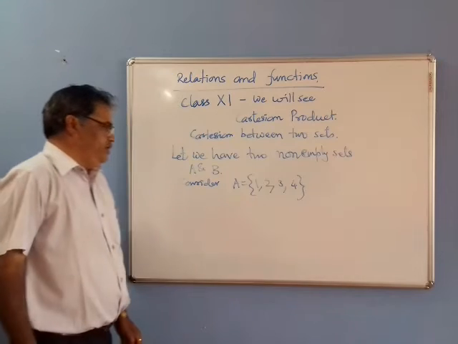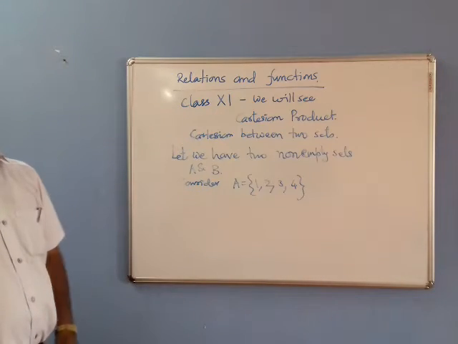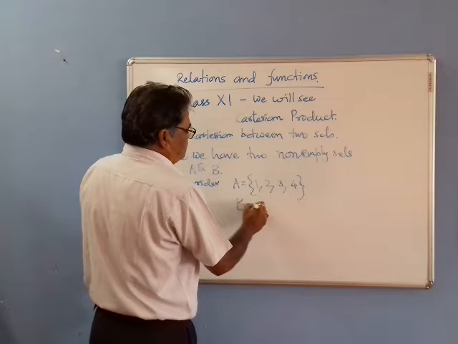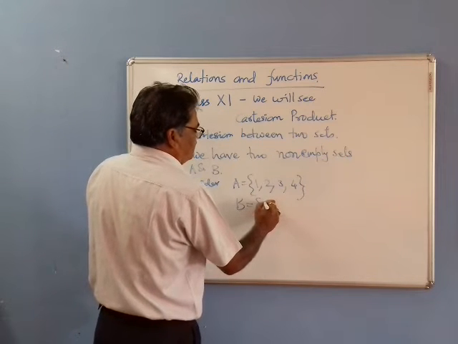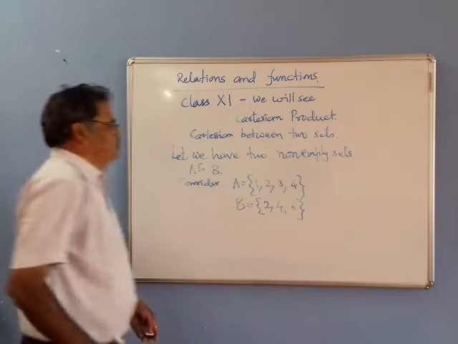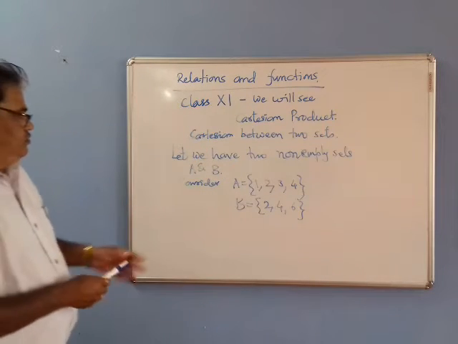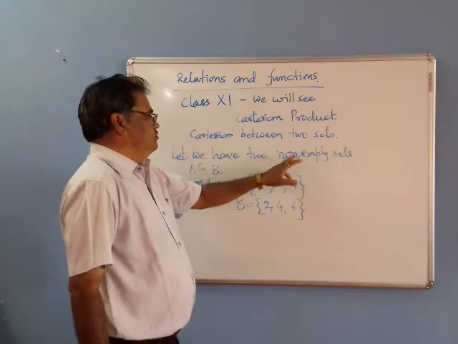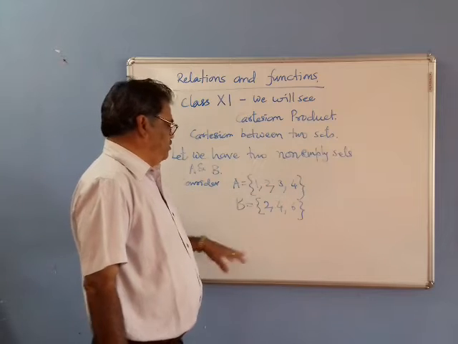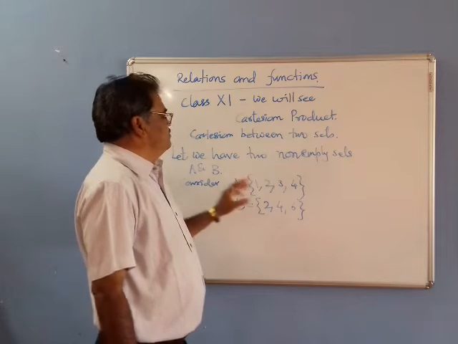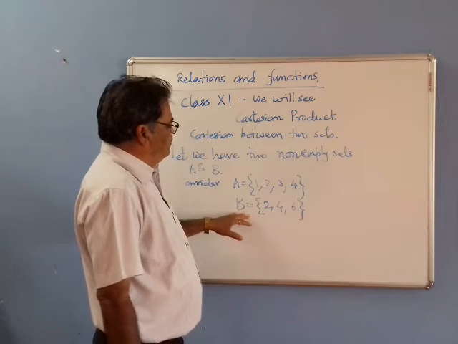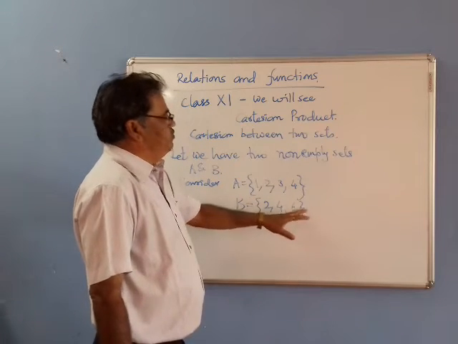There are 4 elements in this set A, and the other set B contains 2, 4, 6. So A has 4 elements and B has 3 elements.